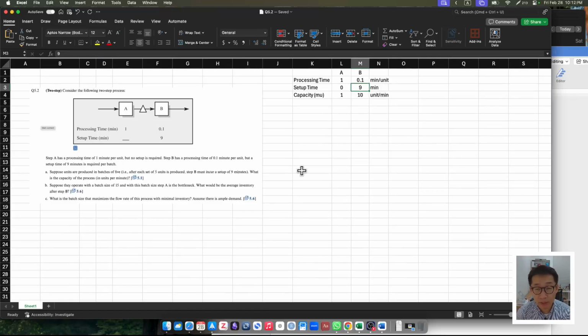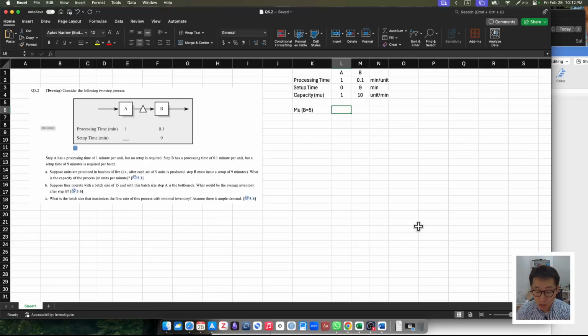So let's take a look at each question here. The first one is asking, with a batch size of 5, what is the capacity of the process? So with a batch size of 5, mu with B equal to 5.